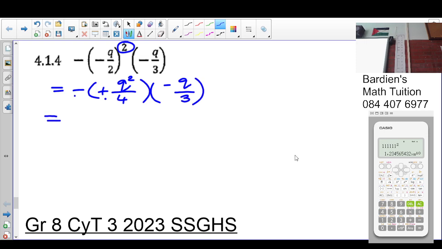What's negative times positive? Negative times negative, positive. So my sign is now sorted out. What is Q squared times Q? Q cubed over 3 times 4? 12. Not O, it's a Q. Now you see where the mistake comes in, because you think it's an O.